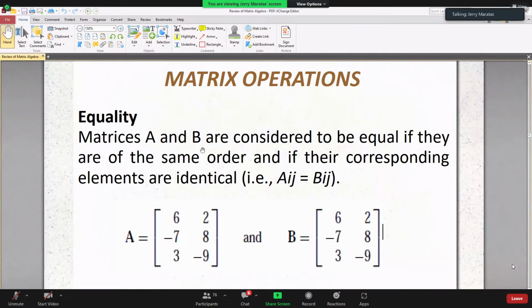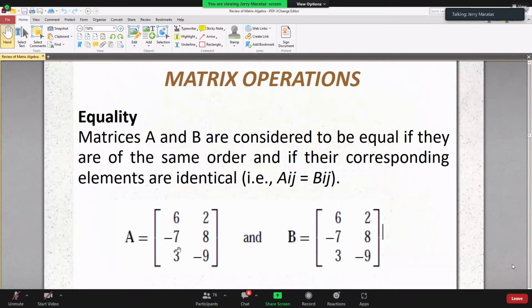Matrices A and B are considered to be equal if they are of the same order or the same size, and if their elements are the same or identical. Obviously, mingon kag equal, pareho sila ang size, pareha pud siya og values sa iyang elements.